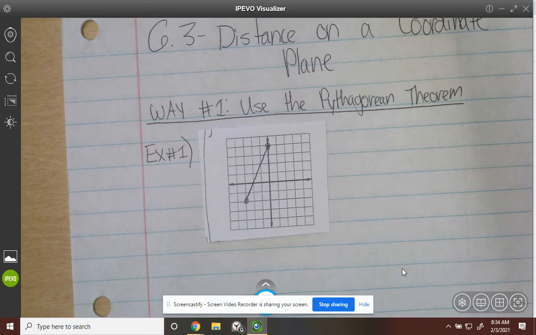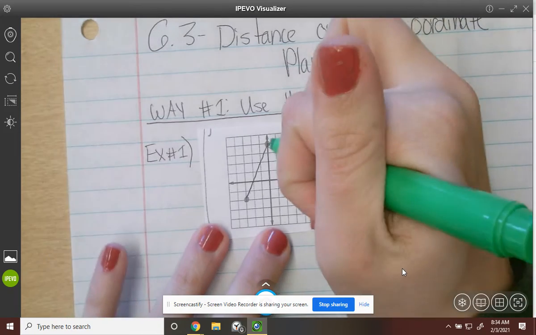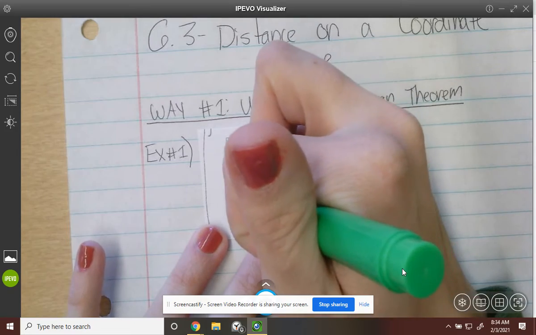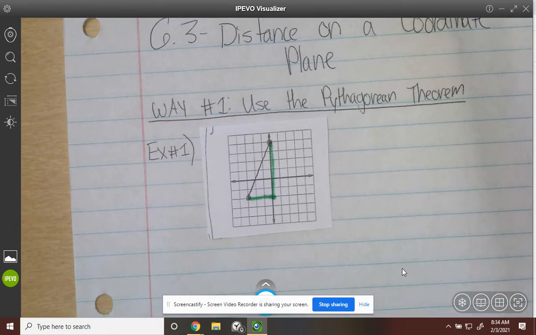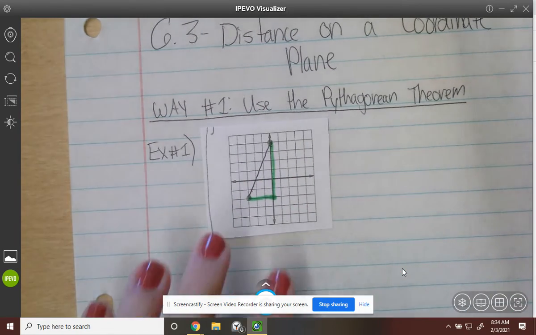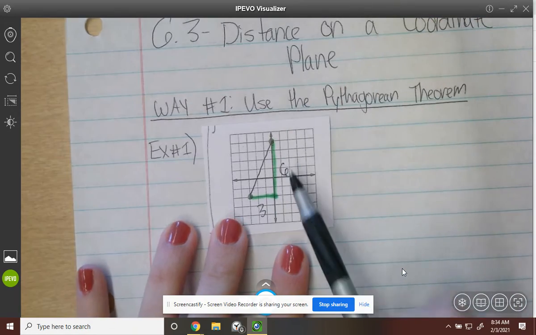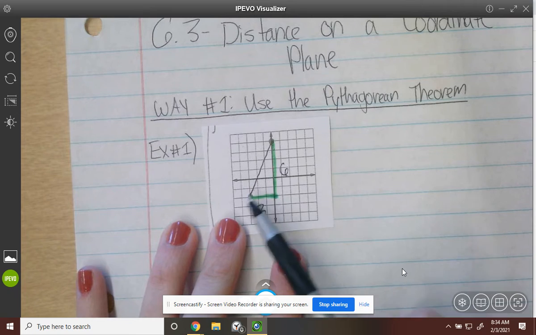So hopefully by now you guys can see that I would just go down there and over there, and I have my right triangle. So my legs are 3 and 6 because I can count these evenly since they're straight, vertical, and horizontal.